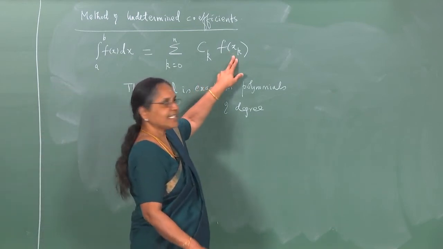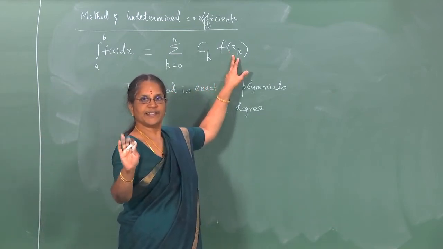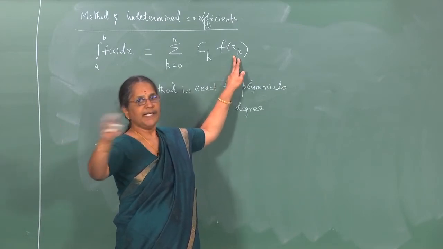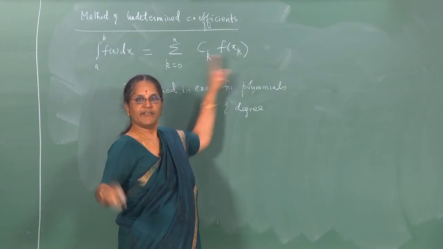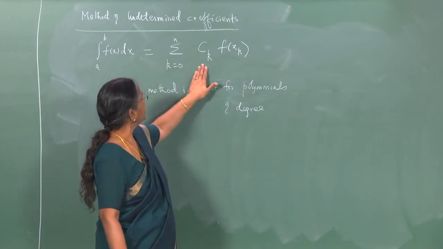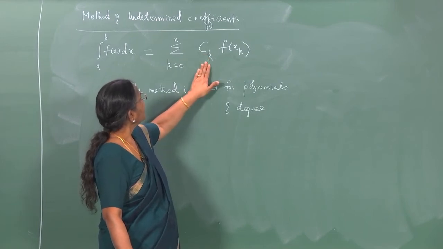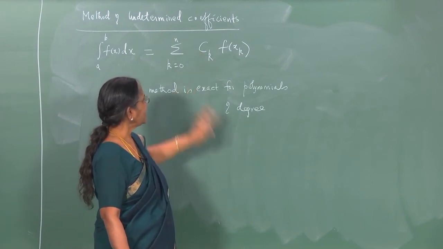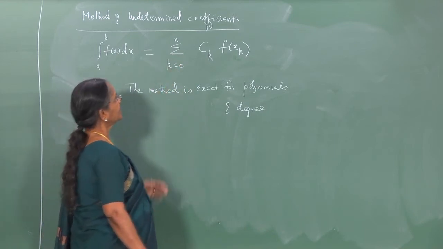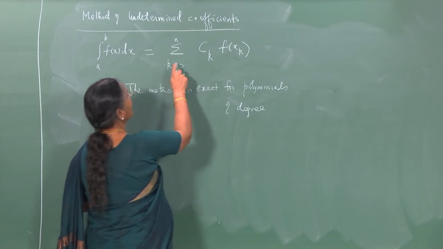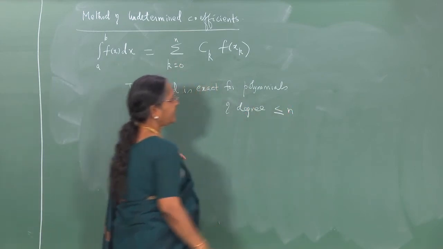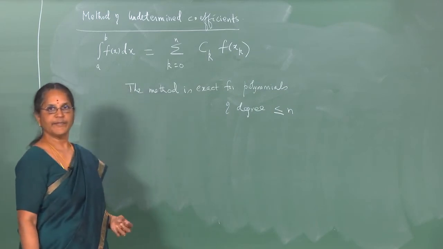The x k's need not be equally spaced, but the location of the points will be specified to you in the interval a to b. So, derive an integration method by seeking the constants c k in such a way that this method is exact for polynomials of degree, so you require n plus 1 conditions, for polynomials of degree less than or equal to n.